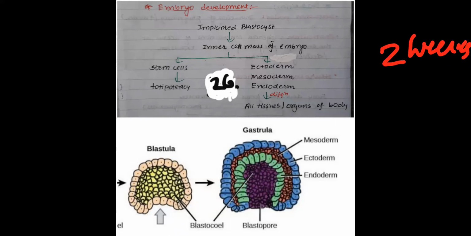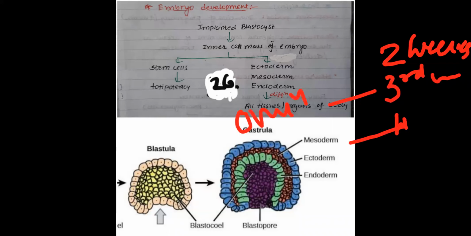Third week beginning, ovulation. Within the third week, there is fertilization. So zygote is formed somewhere in the third week. The secondary oocyte, after ovulation, has gone into the infundibulum and has got fertilized to turn into a zygote.